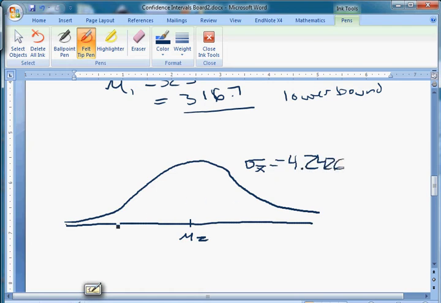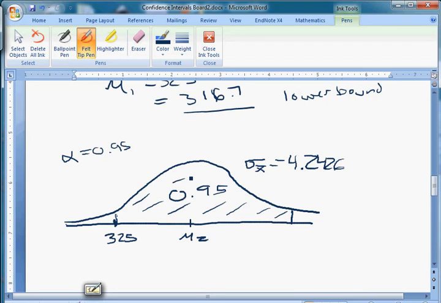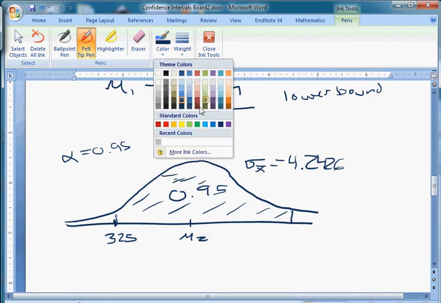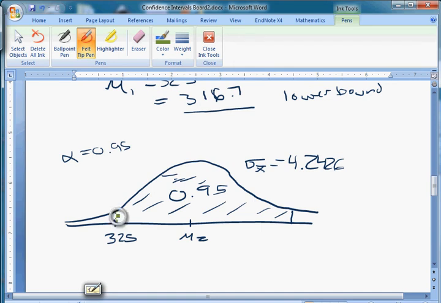Well, this mu2 is the mu2 that would make our sample mean 325 an outlier on the bottom tail, just barely. In particular, because our alpha is equal to 0.95, it's the one that would make this big area in the middle 0.95. So that's the question. What's the value of mu that would make 325 be right on the tail? Right on the tip, just not quite in the tail.